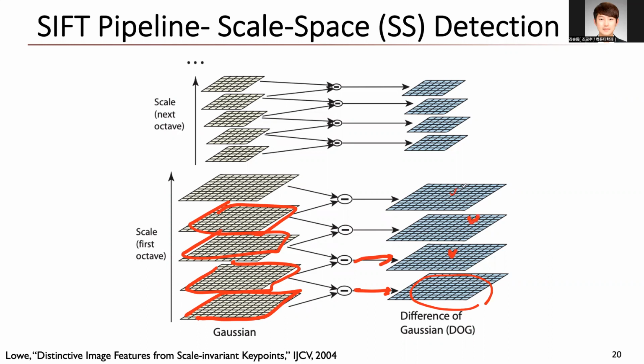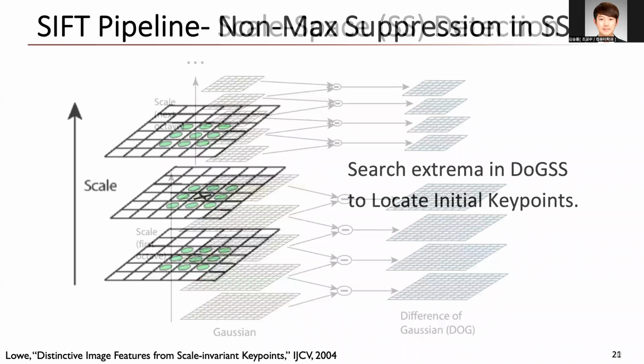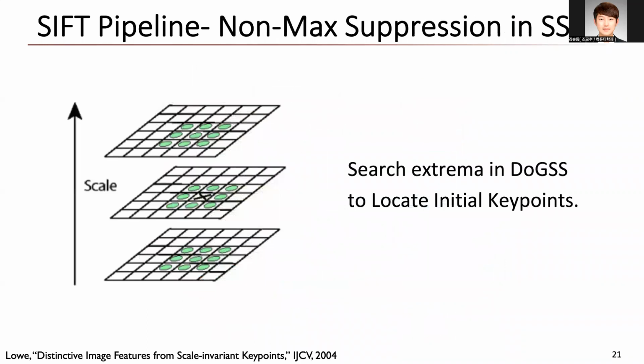Then by mapping these points to the original image again, we can finally determine the feature point. In this paper they use non-maximal suppression, called NMS, which is almost similar to the NMS in object detection models. So maybe they use the same idea from this CV paper.